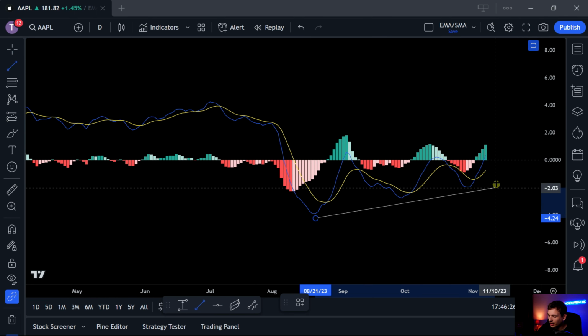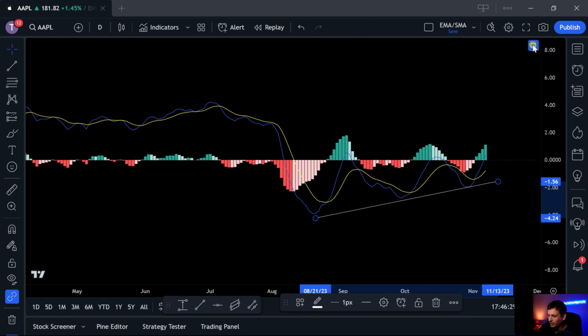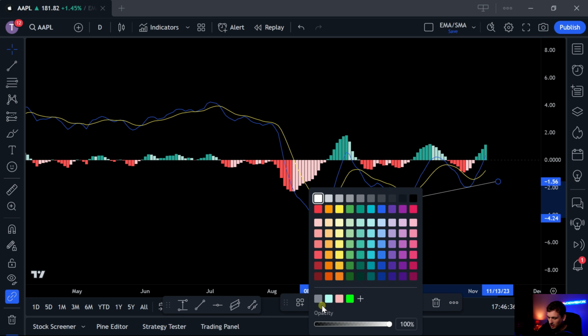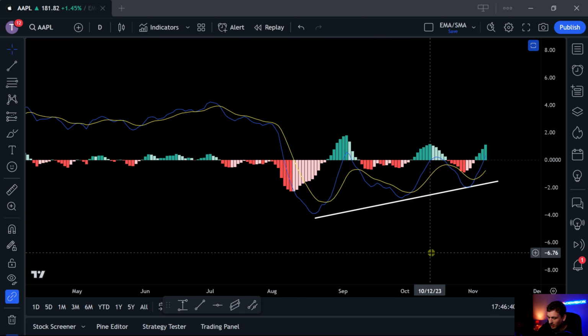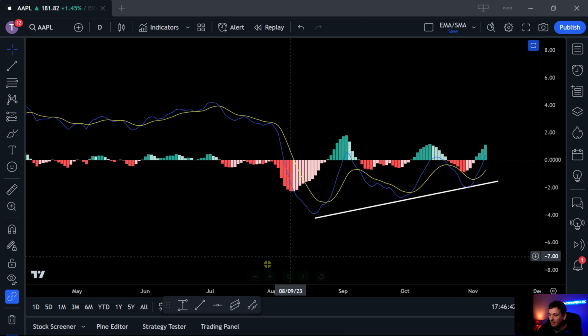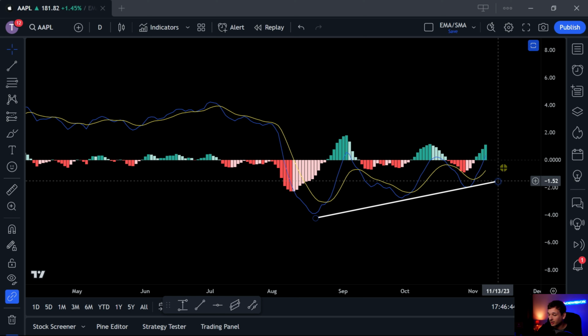Let me thicken that for you so you can really see that, because this is important. There we go. Okay, see how that is going up. Anything going up in indicators is generally bullish, okay?